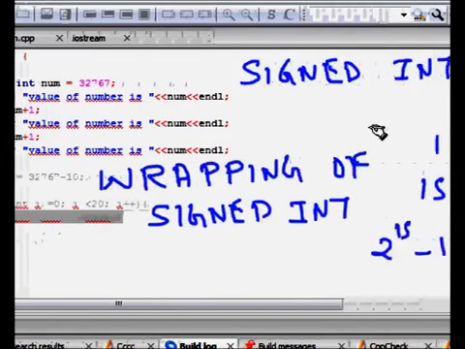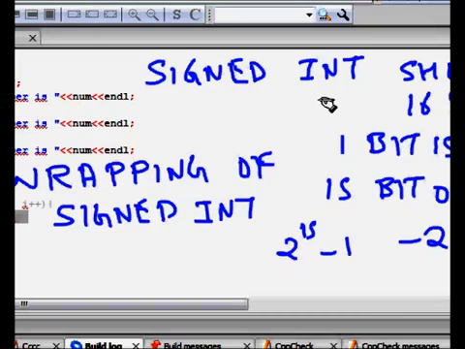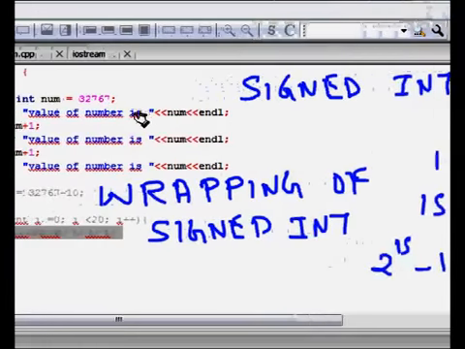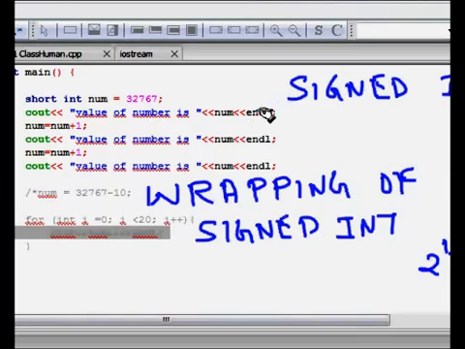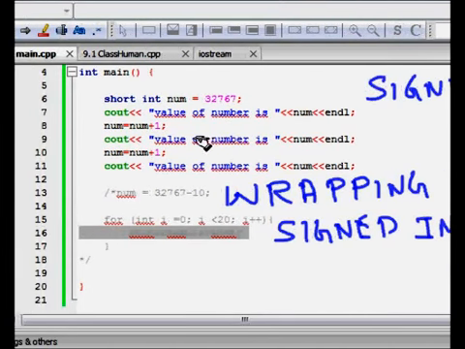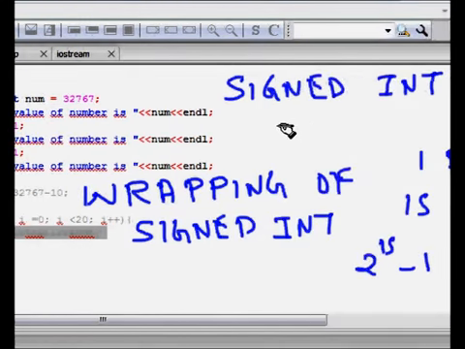What we want to show now is that as you are representing numbers, it's just a bit pattern. When you already have a short int at its maximum positive value, if you increment it by 1, it will become the most negative value.